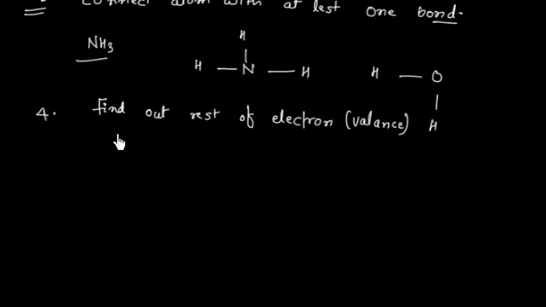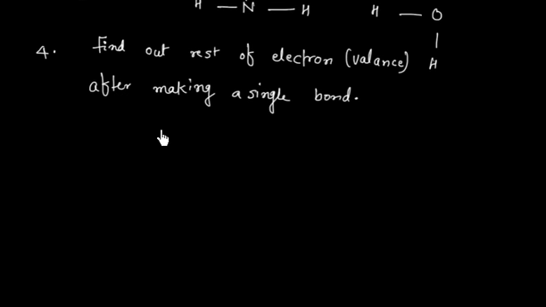So find out the rest of the valence electrons after making a single bond. You see what the meaning of this is. Let us say NH3: we have said NH3 has 8 valence electrons, and we also said make at least one bond. So this is a bond.